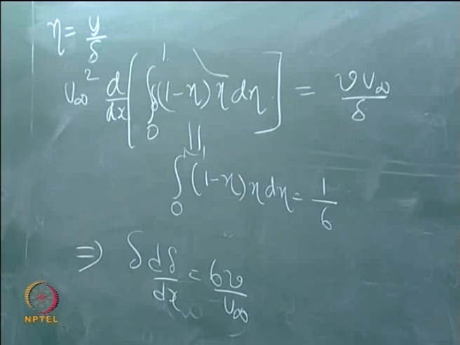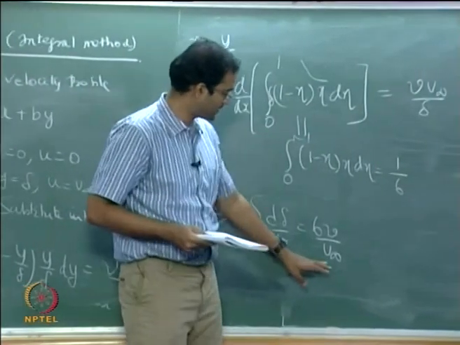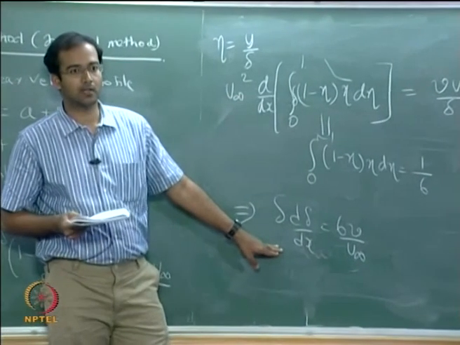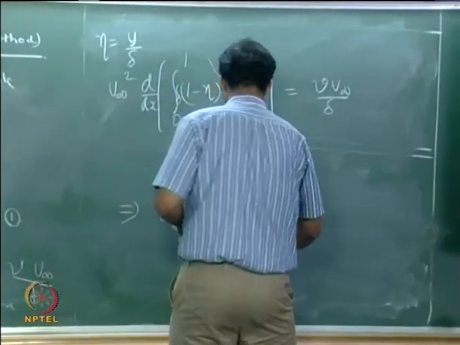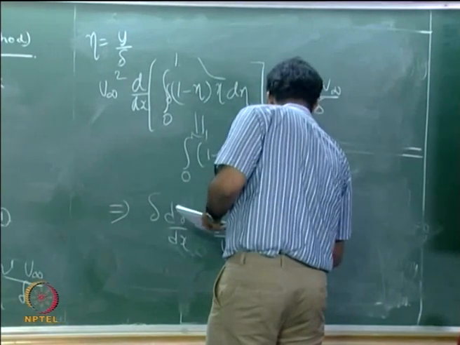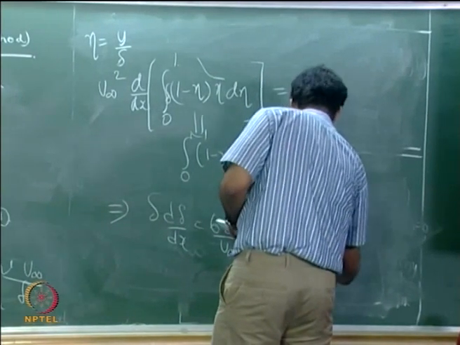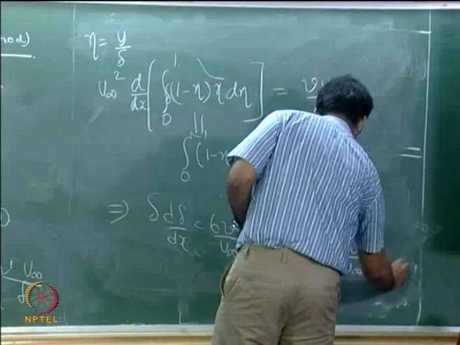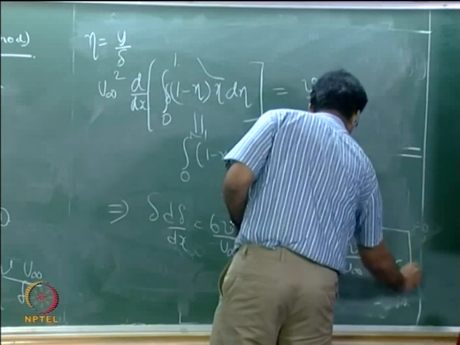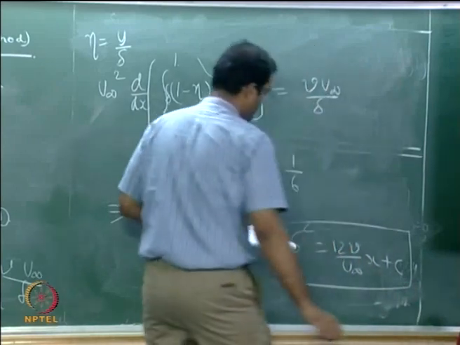Now this is a very simple ODE which I can solve by separation of variables straight away. So delta square will be equal to 12 nu by u infinity x plus some constant. This is the solution for delta.